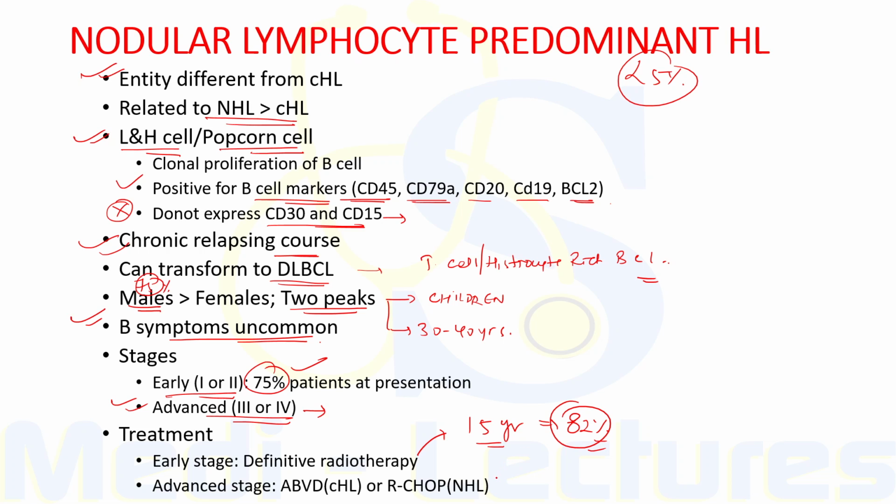Basically, these advanced stage patients require close follow-up. But for patients who are symptomatic and require chemotherapy, these can be treated with ABVD regimen similar to classic Hodgkin's lymphoma, or R-CHOP regimen, which is used for non-Hodgkin's lymphoma, as this tumor is more related to non-Hodgkin's lymphoma.